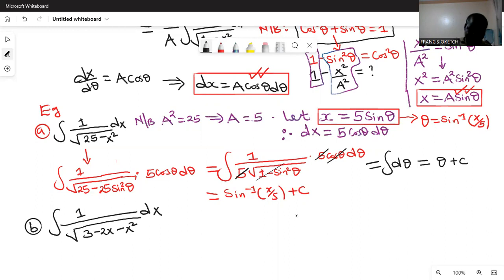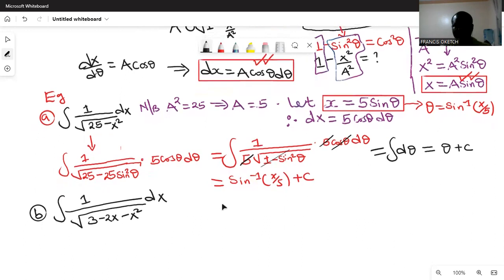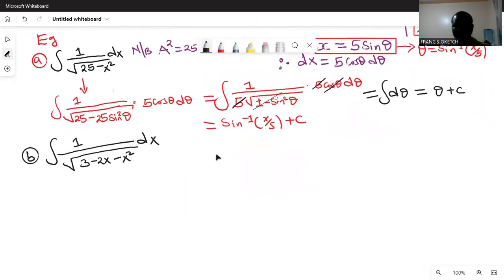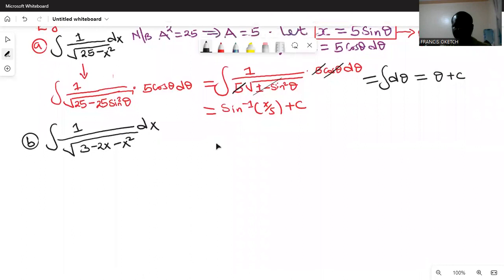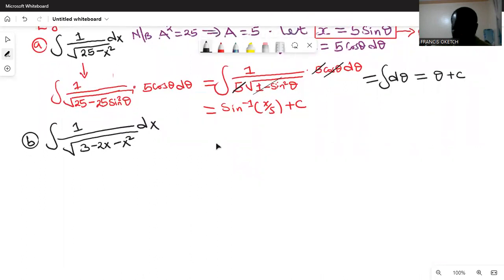Now, look at the expression under the square root sign. It is quadratic. So what do we do in this case? Because it is a quadratic expression, you first of all must complete the square.